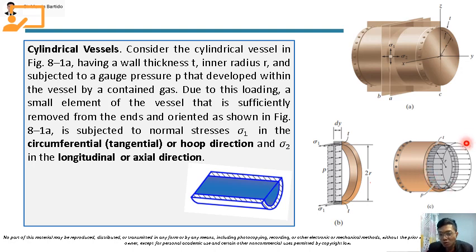This sigma 2 represents the longitudinal stress that is experienced by this wall of the vessel. These stresses are caused by the pressure due to the contained gas or liquid that is in the vessel. So let's solve this sigma 1 and sigma 2 in the next slide.